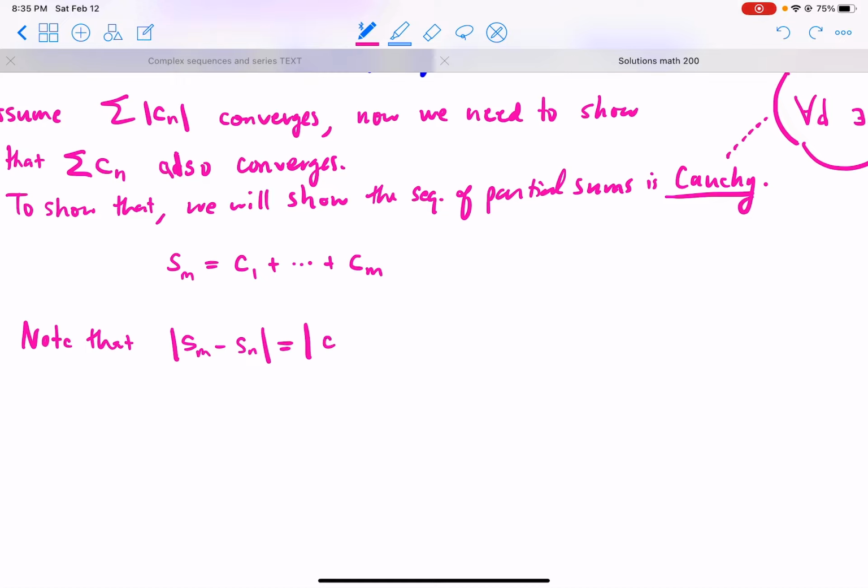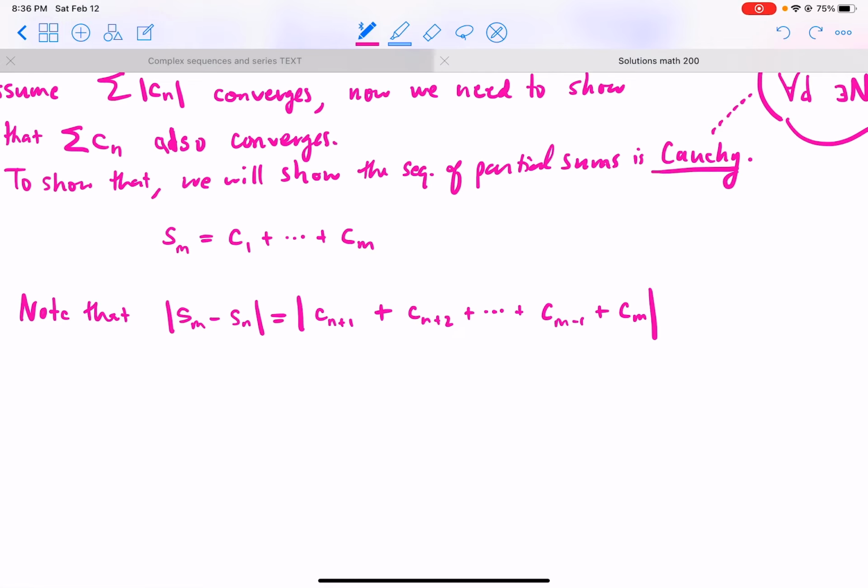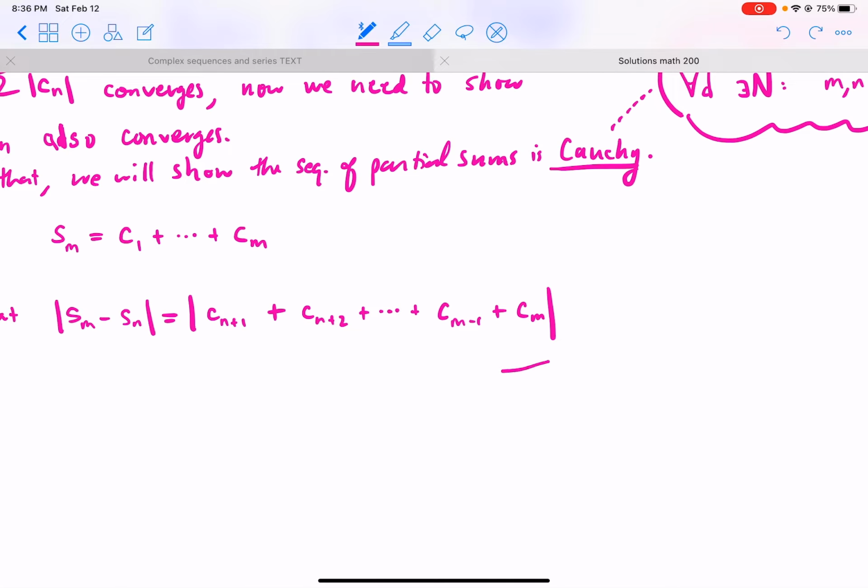You'll be left with Cn+1 plus Cn+2 plus all the way up to Cm-1 plus Cm. Think about that. You have all m terms here, and you're going to subtract away the first n of them. Here I'm assuming m is bigger than n, but you could just call them different names, whichever one is bigger.